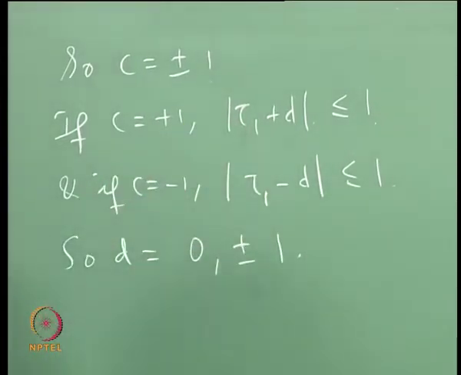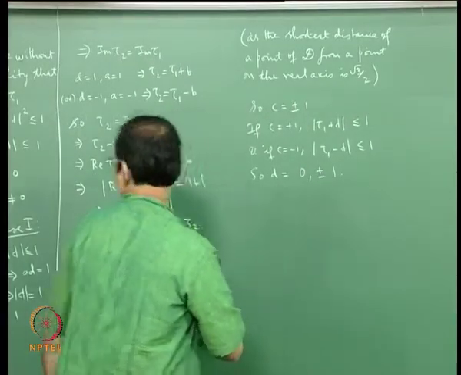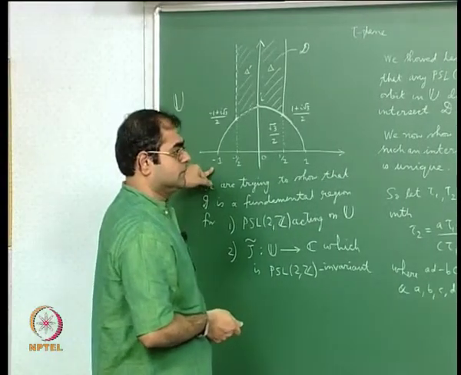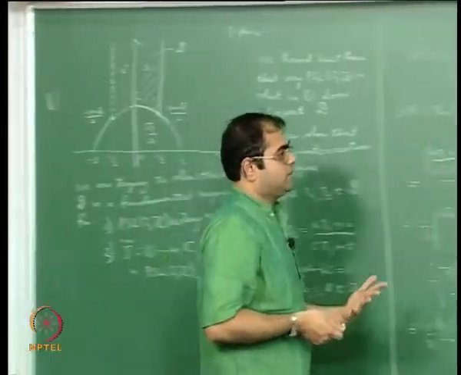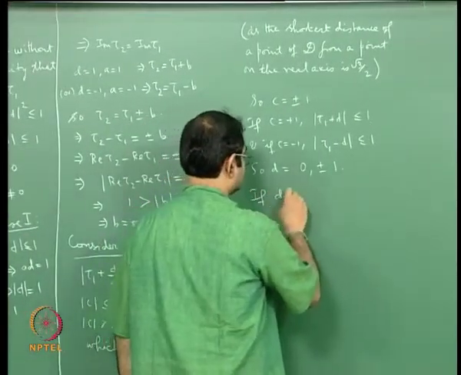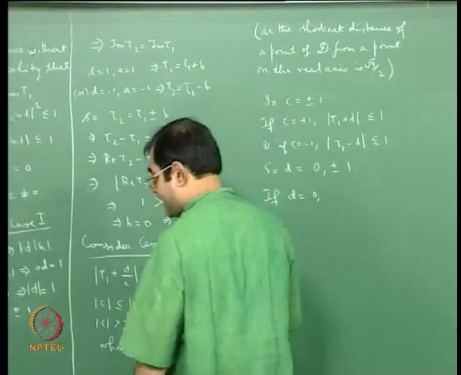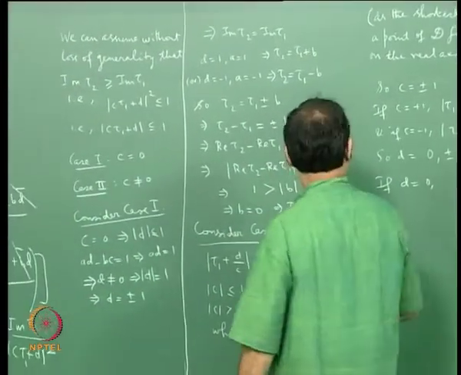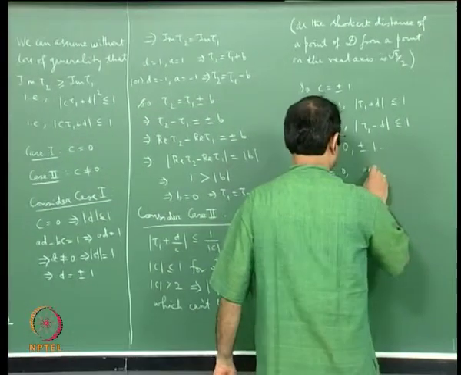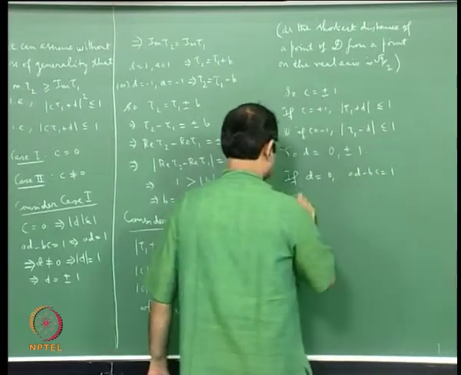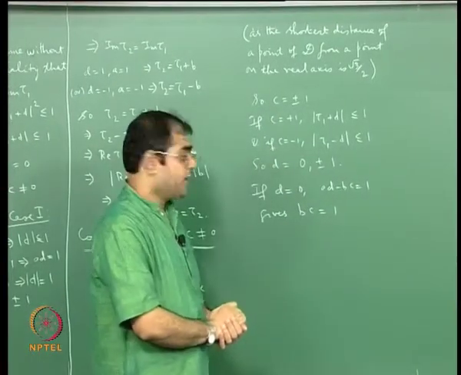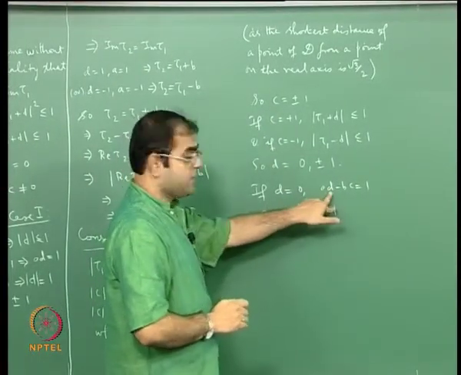So if you look at d equal to 0, then I can again use the fact that AD minus BC is 1, so AD minus BC equal to 1 gives BC equal to minus 1, since d is 0.